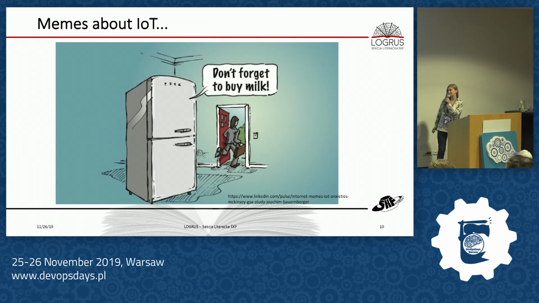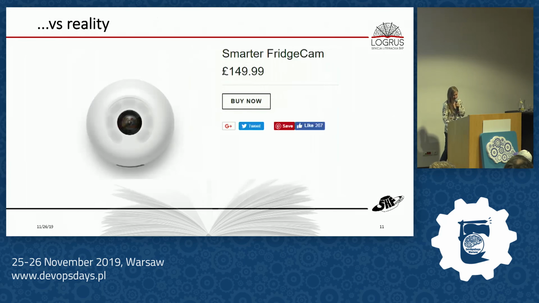This is the most famous meme about the IoT. The fridge that is talking, don't forget to buy the milk. Of course, it's not so easy to do, so there is the smart fridge cam. Close your eyes and try to imagine where to put the cam in your fridge to take the photo when it is closed.